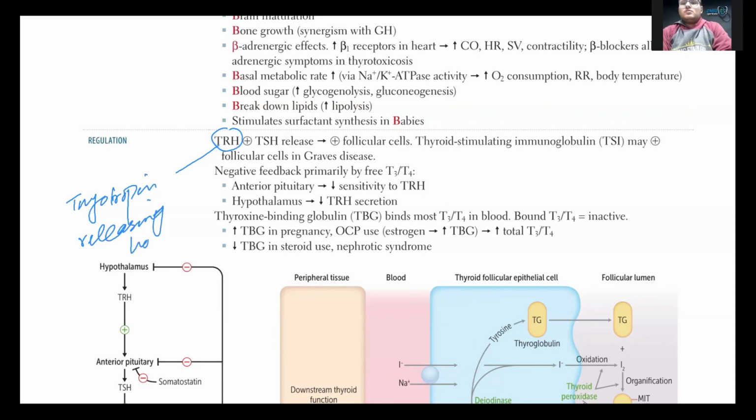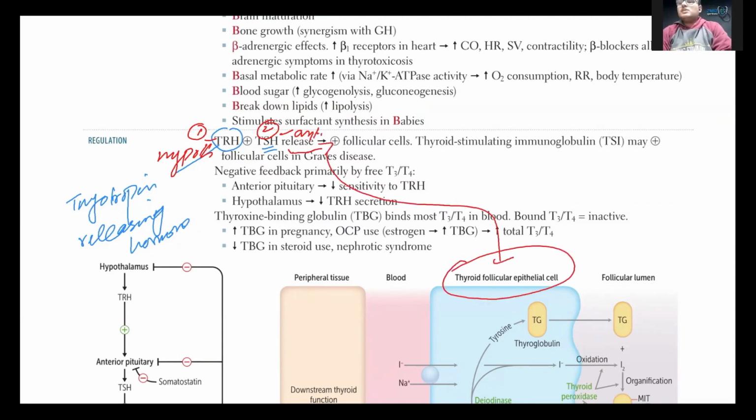Now this TSH acts on the follicular cells. So the first step was thyrotropin releasing hormone from the hypothalamus, and the next step was TSH, released from the anterior pituitary. TSH will go and act on the thyroid follicular cells, and they will cause all the steps we have discussed.